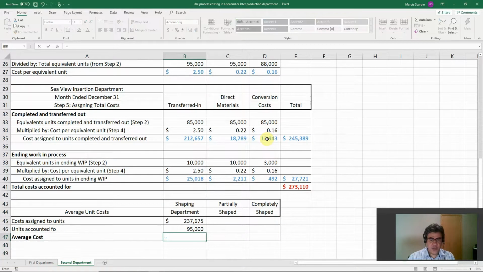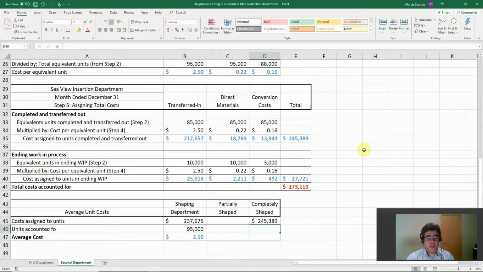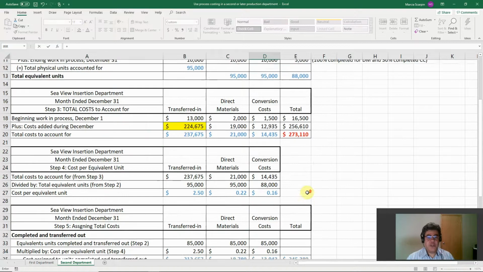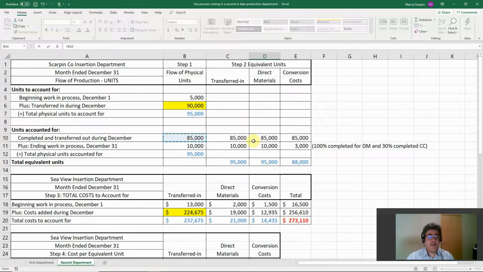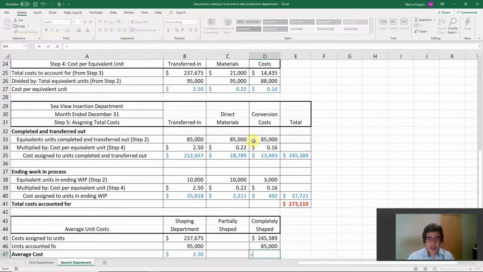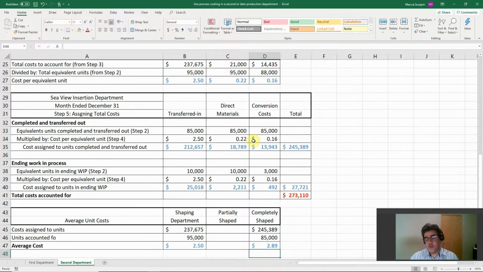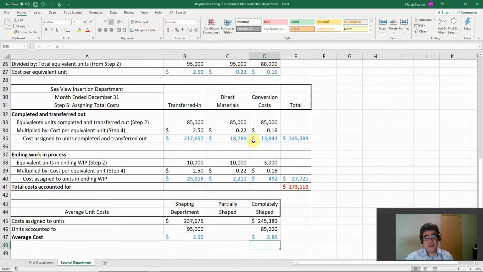So the average cost here, divided by 2.5. Completed shaping is here. How many units completed shaping do we have? 85. So our average cost is 2.89. So we are adding 39 cents of cost here.